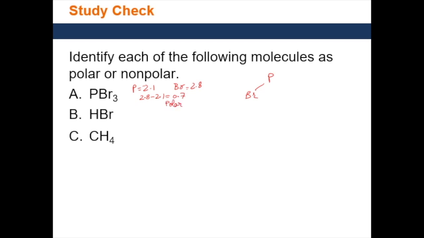Now, because the bond is polar, we have to see what would be the Lewis structure and shape of this. So first let's draw the Lewis structure, which would be phosphorus here, Br, Br and Br, all by single bonds. Phosphorus has how many electrons? 5. We have 3 Br and each Br has 7. So total would be 5 plus 21, which is total of 26 electrons. So let's divide 26 electrons here.